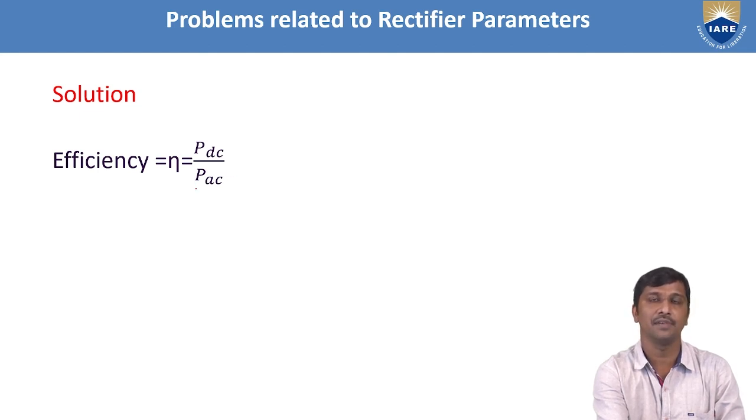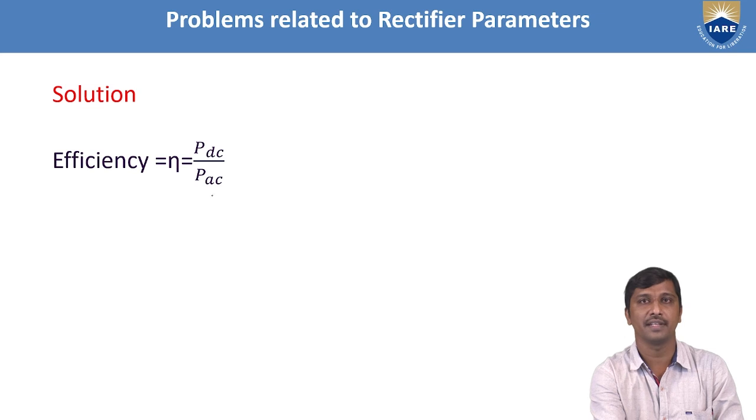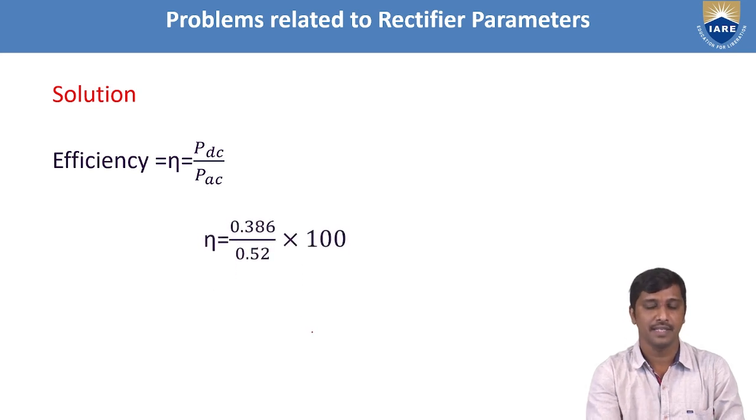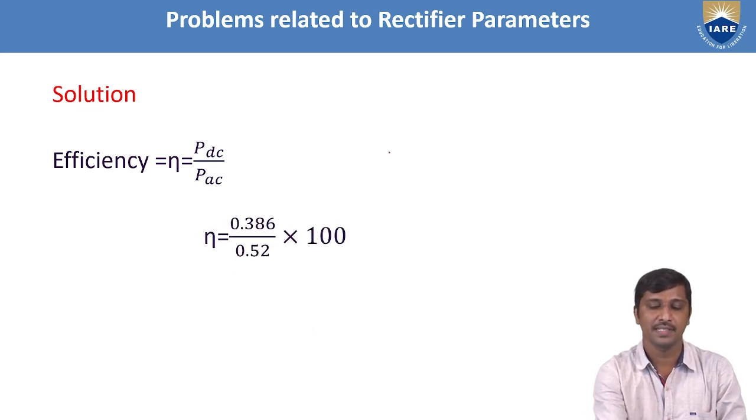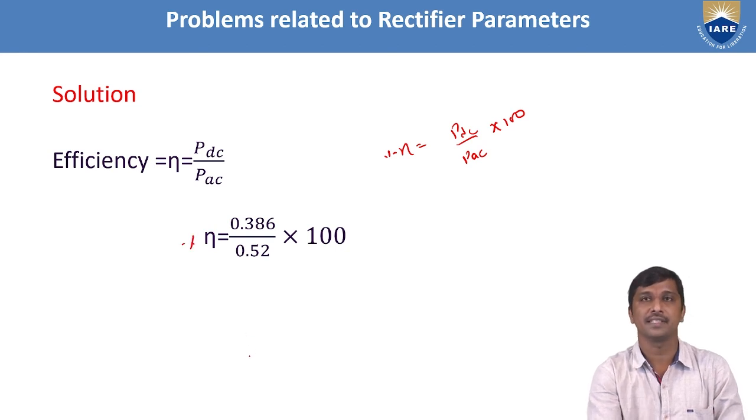If you want the percentage, this is equal to PDC by PAC into 100. So your DC output power is 0.386 watts and AC input power is 0.52 watts, multiplied with 100. Then this ratio gives 74.2% here.